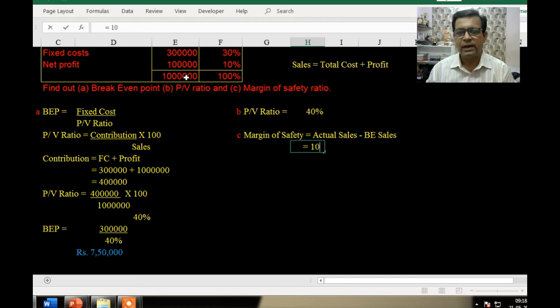So let's write 10 lakh. Minus, what is BE sales? We just now calculated 7.5 lakh. So that's it. We've got our answer. We have BE sales and actual sales available. So MOS becomes 2,50,000. And that's done. Simple question except for this part, but this was the repetition of the previous question.